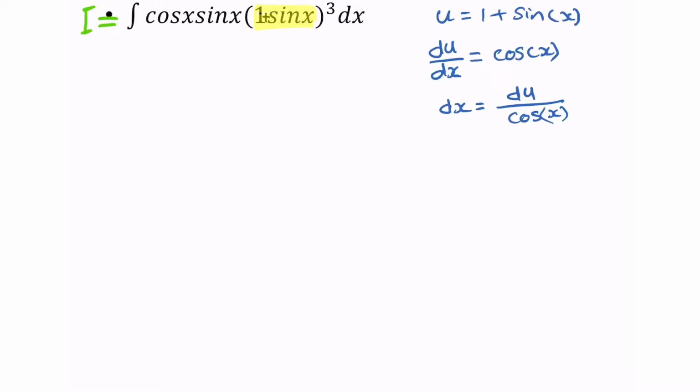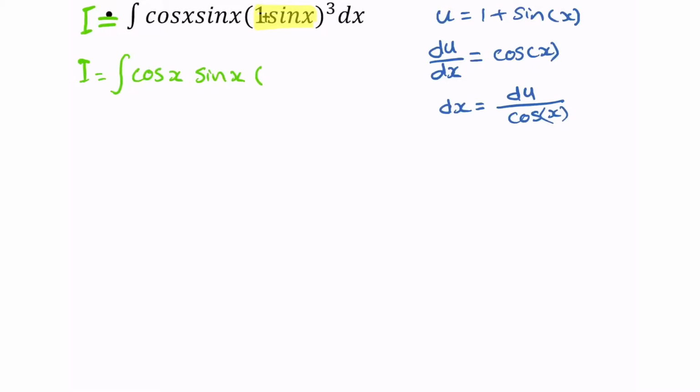Okay, so now I will use all this and substitute in the integration. So I equals, go back to the green here, I equals the integration of cosine x and sine x, and then this is going to be, instead of 1 plus sine x, it's going to be u to the power 3.